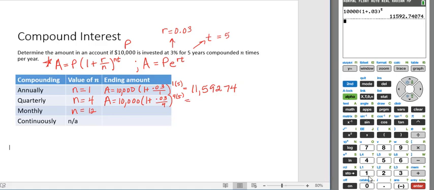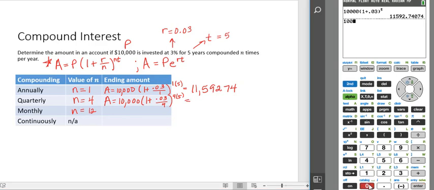So when we input that, we'll have 10,000, parentheses, 1 plus 0.03 divided by 4, close parentheses, raised to, now my calculator actually puts everything here that I'm going to enter into the exponent.